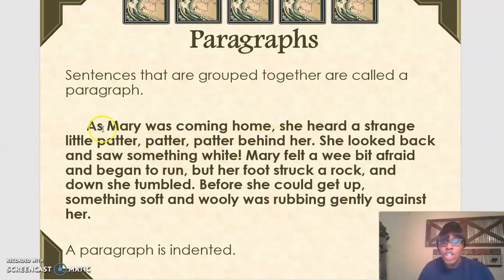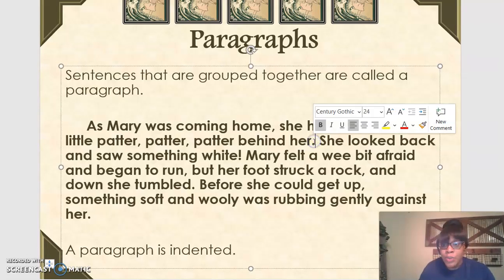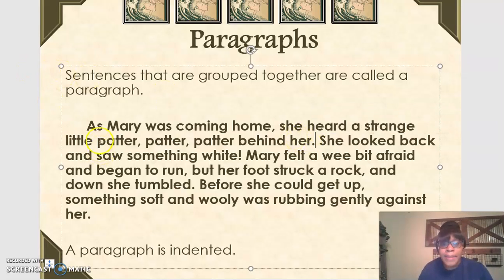So, as you can see, we have a group of sentences. Sentence one started with a capital letter and ended with a punctuation. Sentence two started with a capital letter, ended with a punctuation.